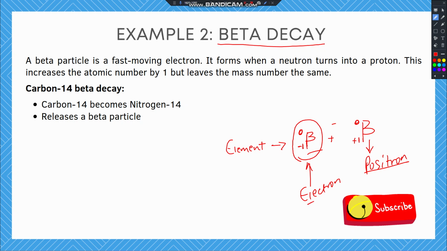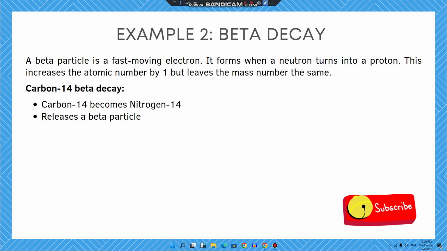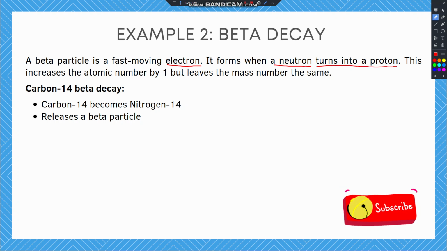I trust you're seeing all the concepts, how they're playing out. So first things first, a beta particle is a fast moving electron. You can see it denoted over here. It is formed when a neutron turns into a proton. This increases the atomic number by 1 but leaves the mass number the same.